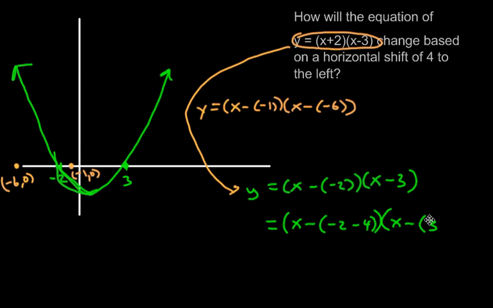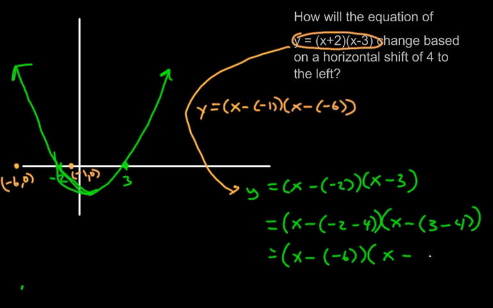Okay, so I got some things backwards, it looks like. No, I guess we're good. Sorry, we're good. So from the 3, we're going to subtract 4. So we'll simplify our expressions. We have x minus, and we have -2 minus 4, which is -6.